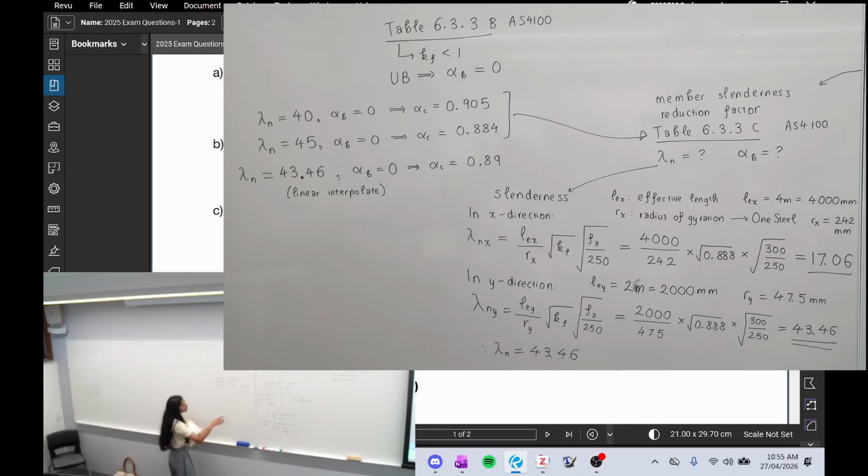Let's come back and do alpha C, which is your reduction factor. For the reduction factor, which you get from this table in AS 4100, you need two things.